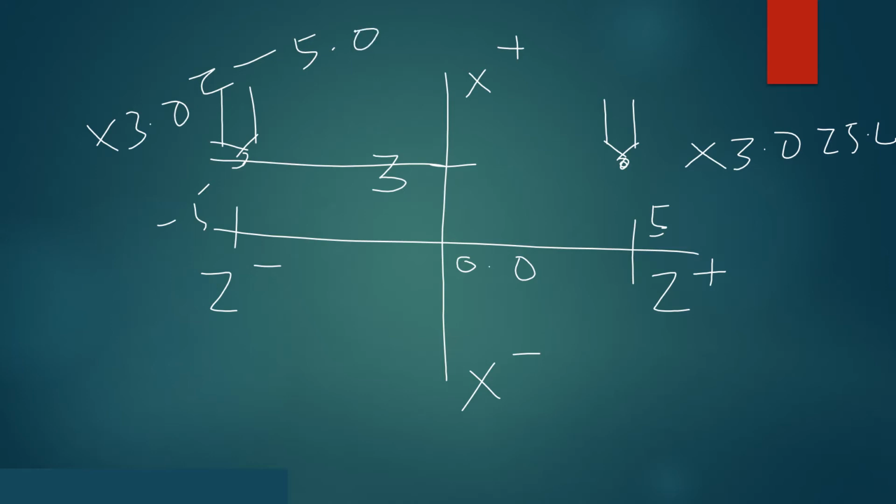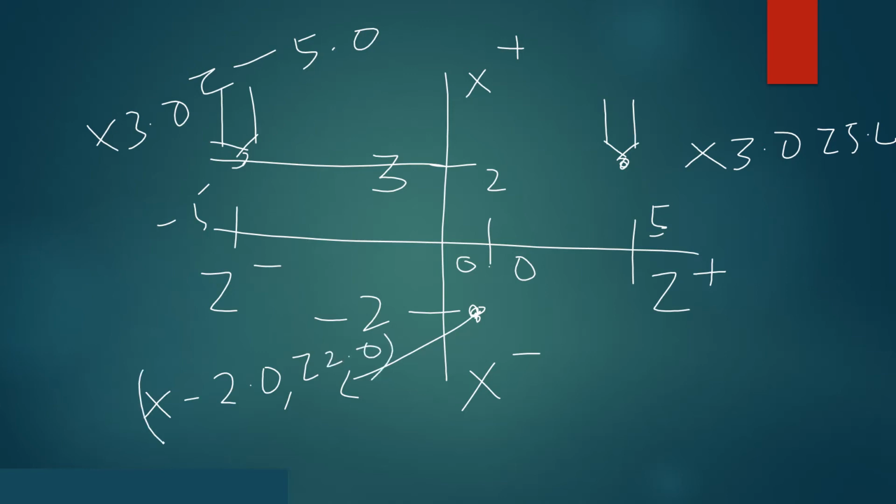If you place the tool here, where this one is minus 2 and this one is plus 2 on the Z axis, then we have to indicate X minus 2.0, Z 2.0. So this is the way of giving X and Z values in the programming.